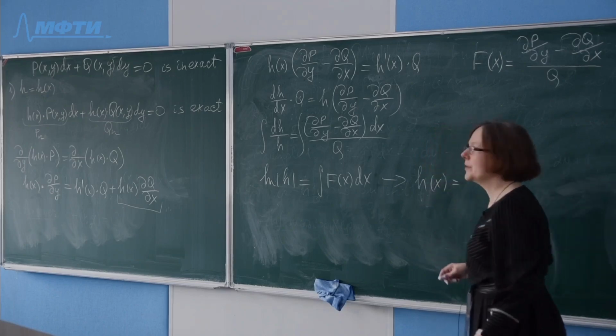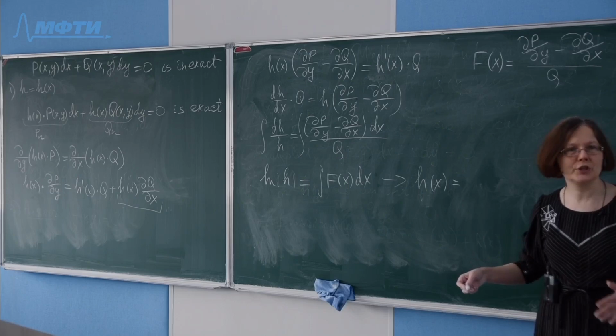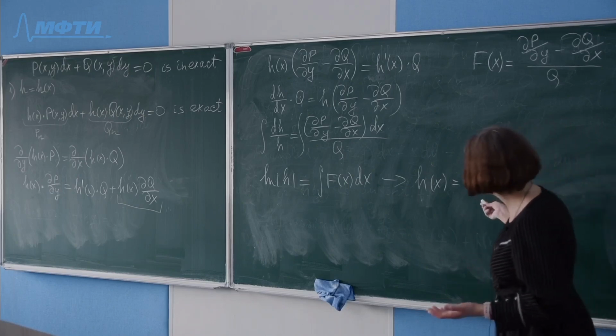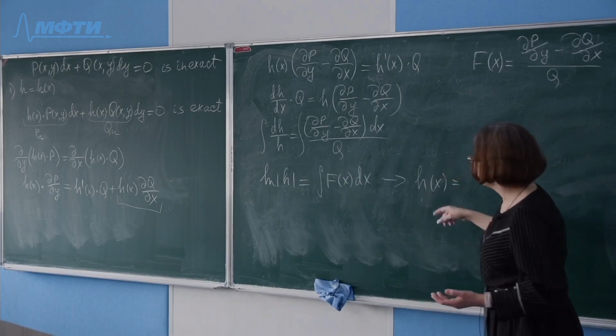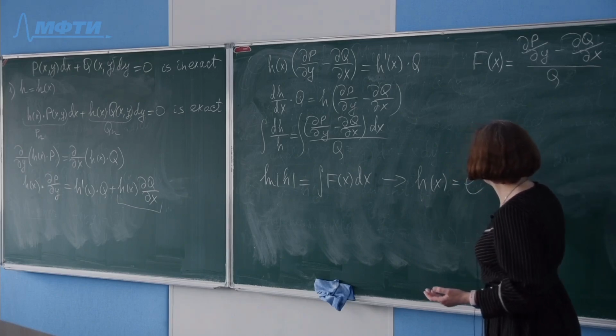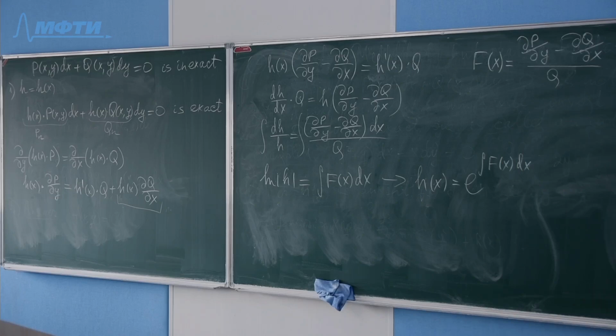We need to know only one particular function, not a general solution to this equation. We need only one function for the integrating factor, right? So h of x will be equal to e raised to the power the integral of f of x dx, without any constant, only a particular function. Okay, so this is h of x.